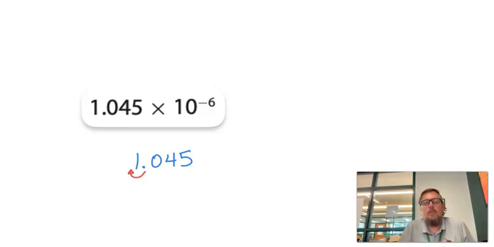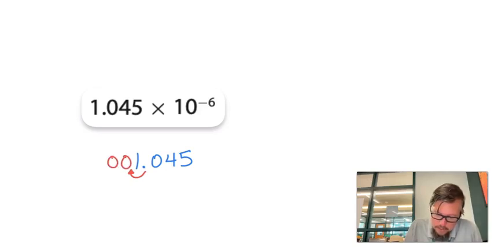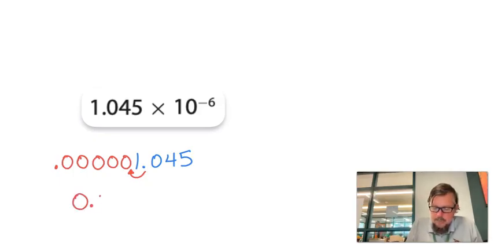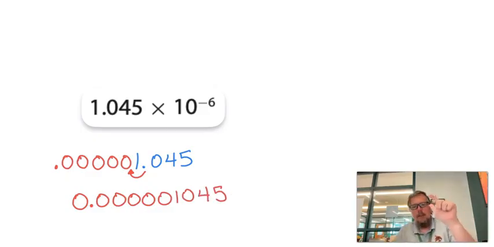We need to move it 5 more times, so we're going to add 5 zeros. 1, 2, 3, 4, 5. So we have a decimal point, 5 zeros, 1045, and as usual, we want to have that 0 in front of the decimal. Just good math practice. And so our answer is 0.000001045.